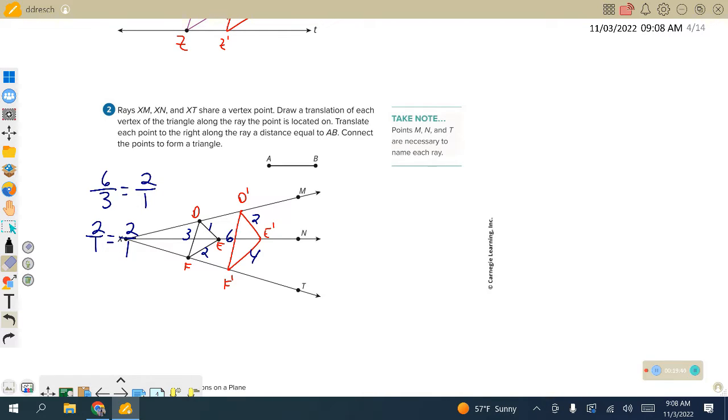And then 4 goes with 2. This is what we mean by proportional. All the sides should turn out to have the same ratio. If one side does not have that, we say it's not proportional, and it's not a true dilation.